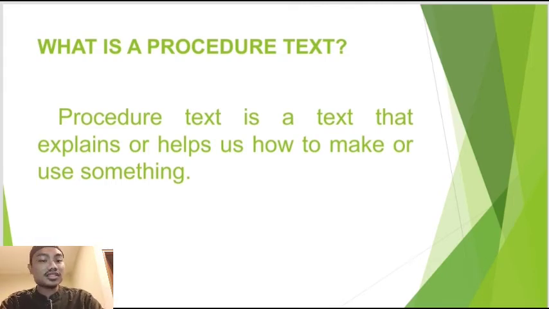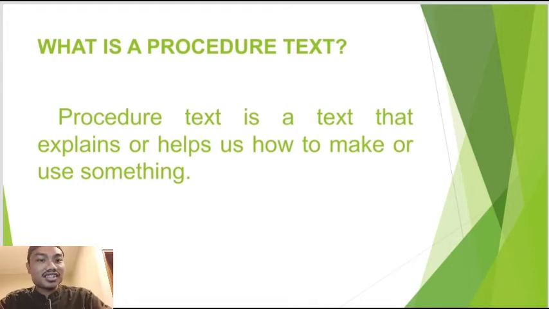So procedure text is a text that explains or helps us to make something or to do something or to use something. So it has sequences and also the steps that we are going to use or how to make something. Okay, so you guys already know the definition of procedure text. Good. So let me go to the next slide.